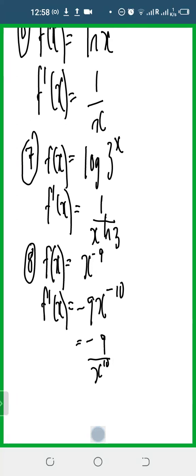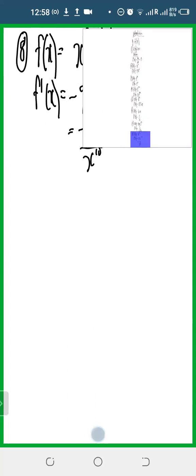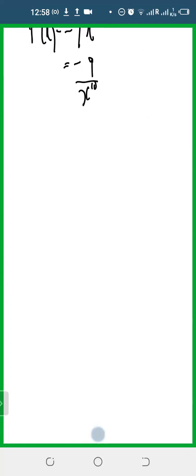So these are some of the examples of differentiation that we have. And then we have several rules of differentiation that may be helpful to us in future when solving some of the problems. So we have the constant rule, the linear rule, the power rule, the sum and difference function rule, the product function rule, the quotient rule, the generalized power function rule, and the chain rule.